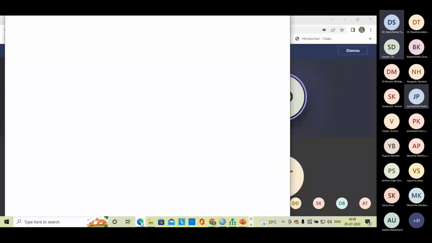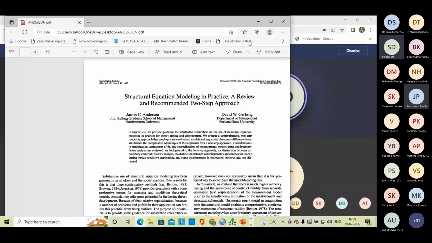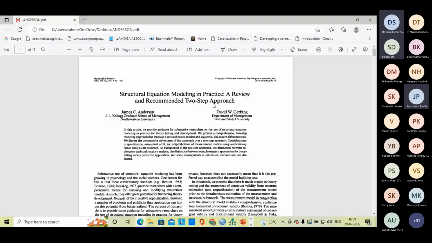You want to cite this article. It says there is a two-step approach to doing structural equation modeling. Almost all authors, in any article or thesis that has adopted CFA and SEM, have cited this article.